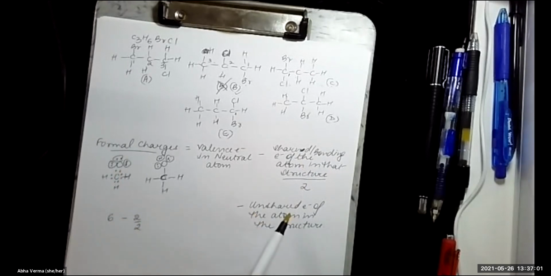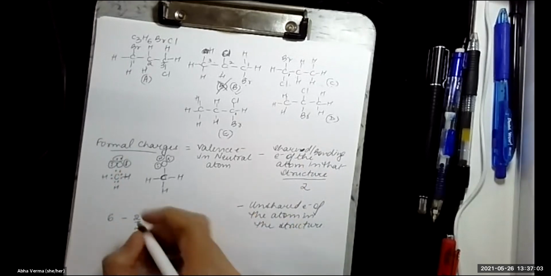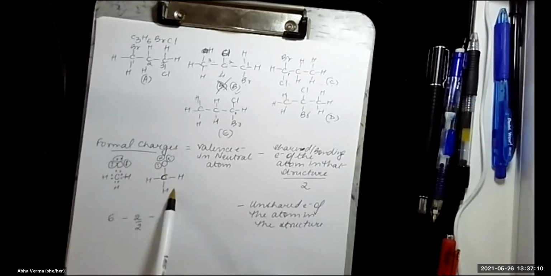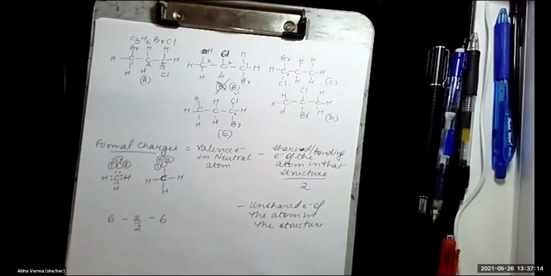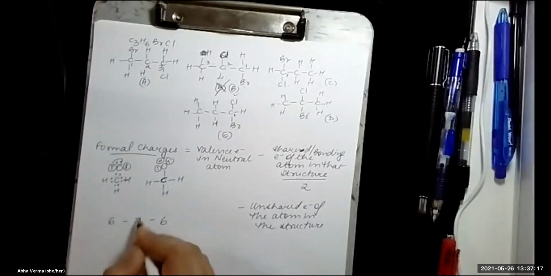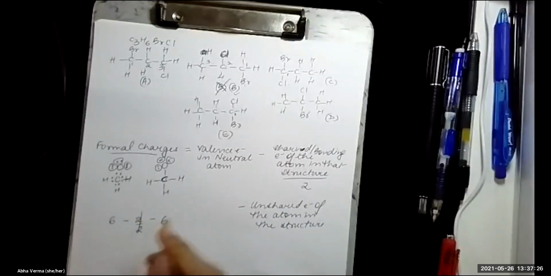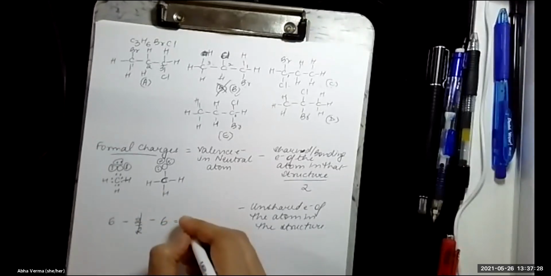And how many unshared electrons does this oxygen have in the structure? 6. And if you do the math, this will become 1. 6 minus 1 is 5. 5 minus 6 will become minus 1.